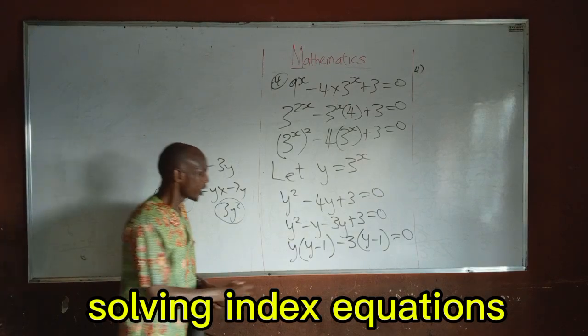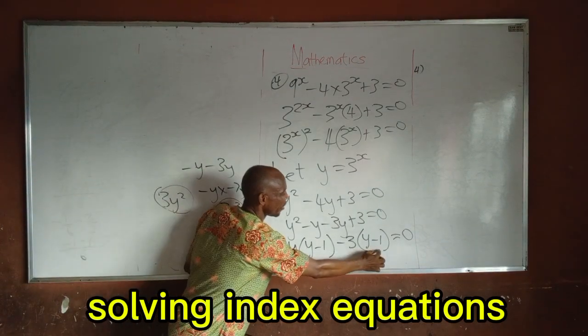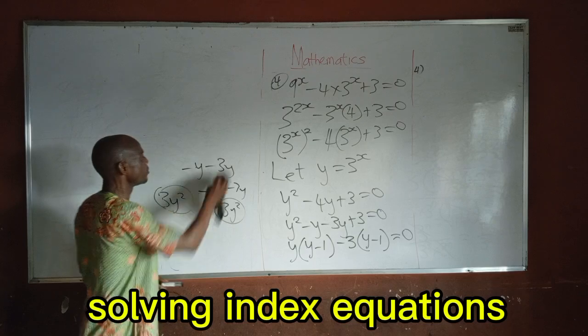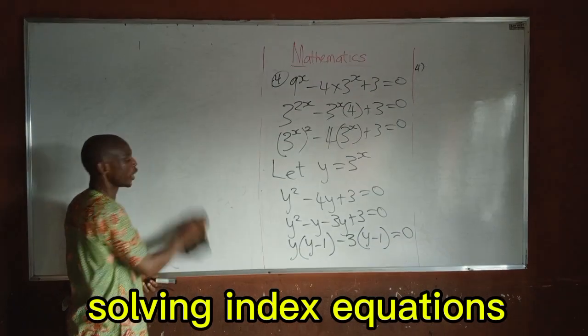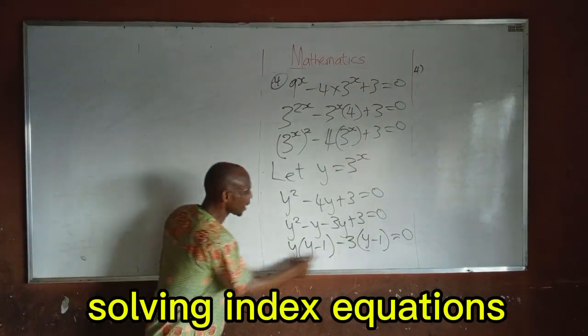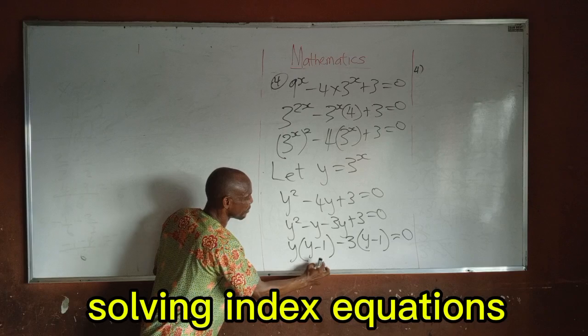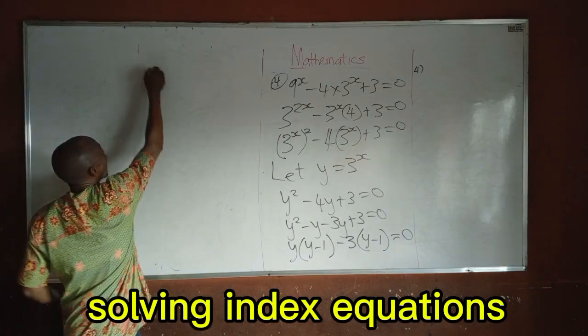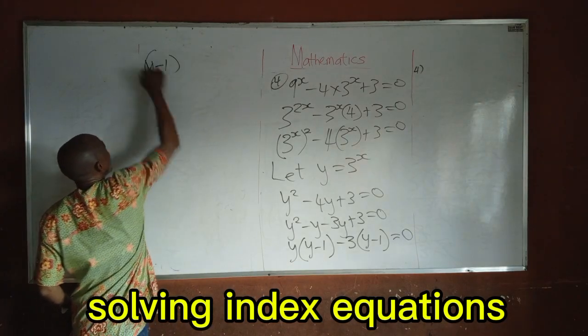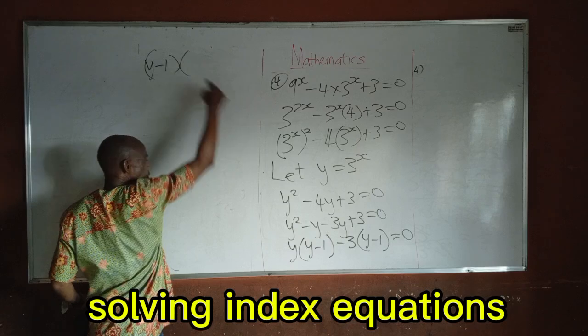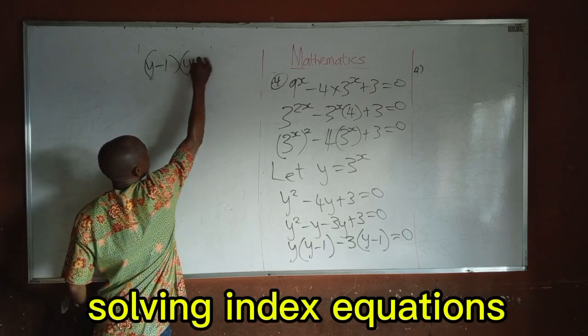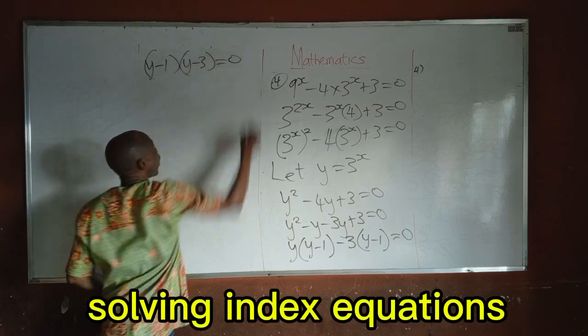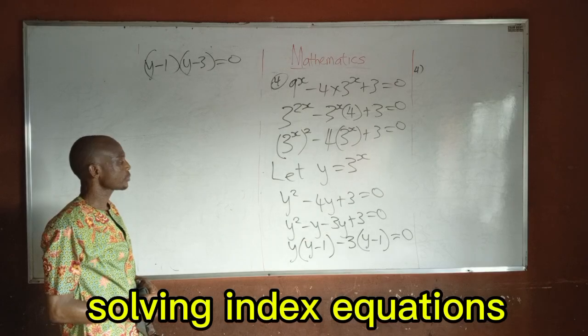What do you notice? The values in the bracket are always the same in a quadratic equation. So we are going to take the values outside to multiply the values in the bracket. So we now have y minus 1, open bracket, then we now have what? y minus 3. This is equal to 0.